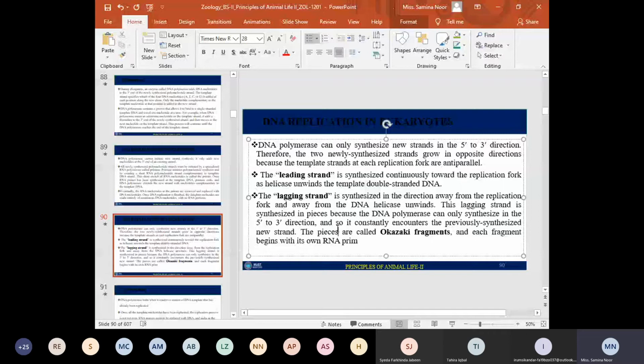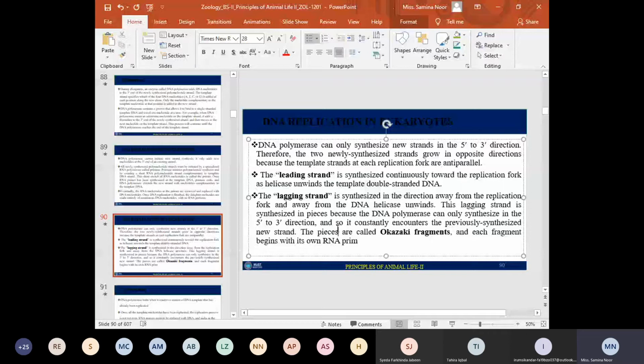The leading strand is known as the continuous strand because it is synthesized continuously. Once a single primer is synthesized, the DNA polymerase continuously adds new nucleotides to the already existing primer in the case of the leading strand.